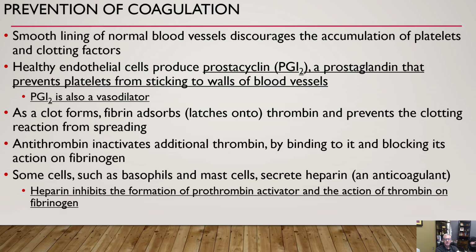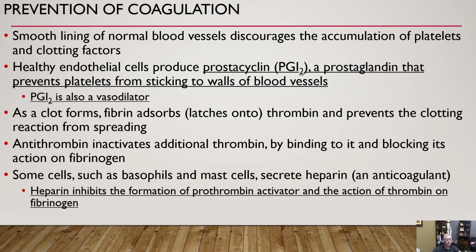And then as the clot forms, it also prevents the clot reaction from spreading. And we have this antithrombin that's going to inactivate additional thrombin, and blocking its action on fibrinogen. And we mentioned before that we have these basophils and mast cells that release this heparin. Heparin is an anticoagulant. It's going to inhibit the formation of prothrombin activator.